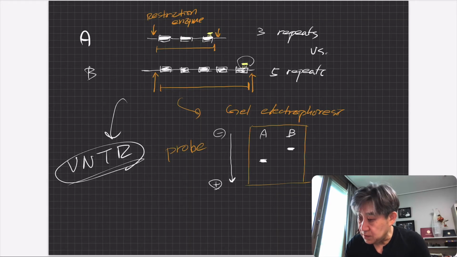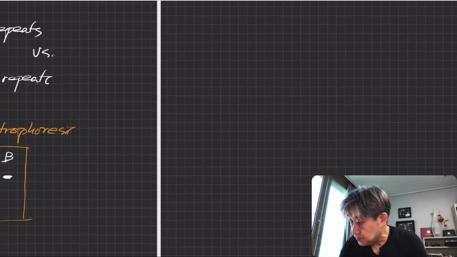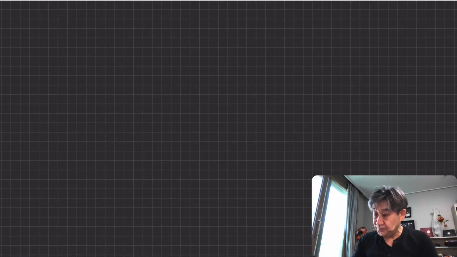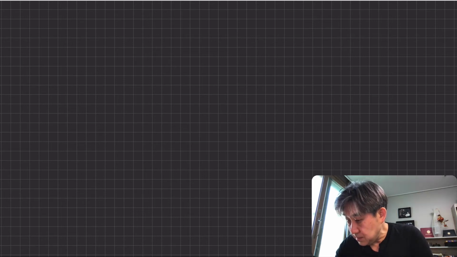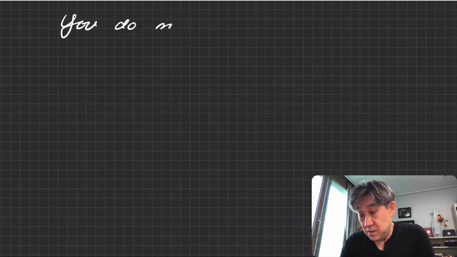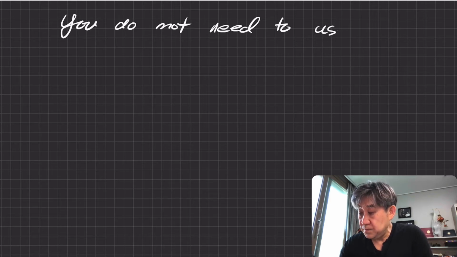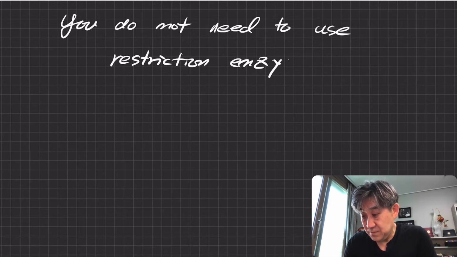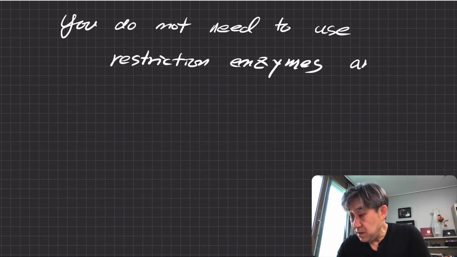One more thing, although I'm not a Tim Cook or Steve Jobs, there's one more thing: in practice in these days, you do not need to use restriction enzymes anymore.